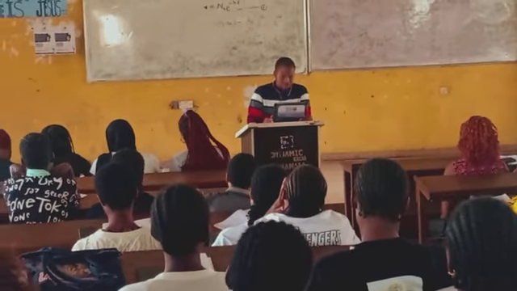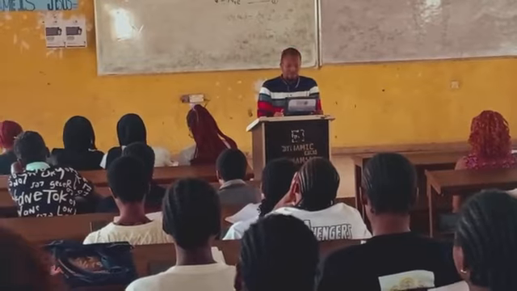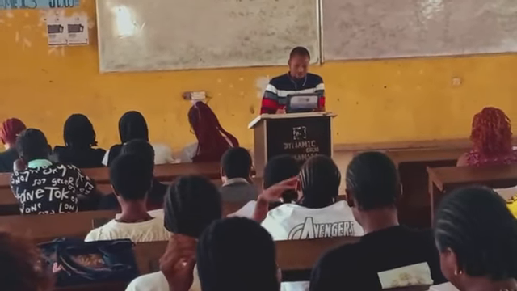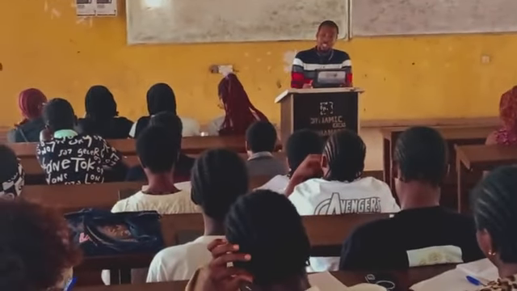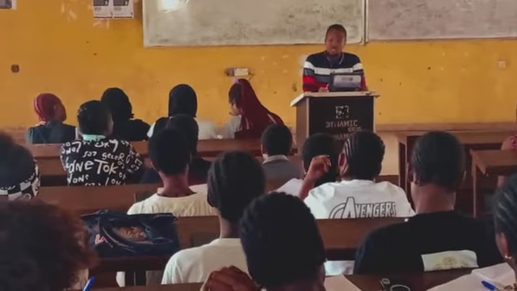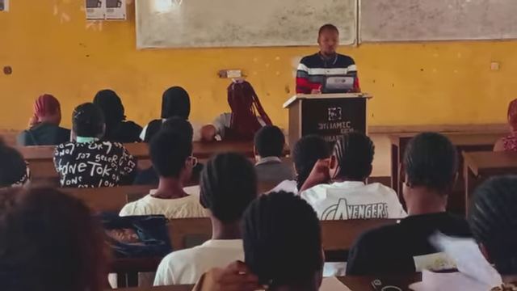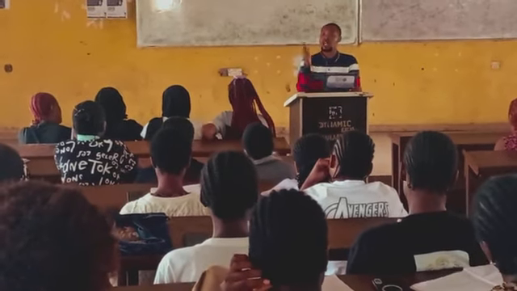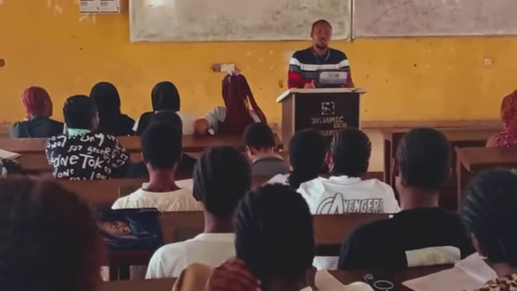B, 7.35 to 7.45. C, 7.6 to 8.0. D, 6.5 to 7.0. What is the answer? D. D. Very correct. Can you clap yourself?